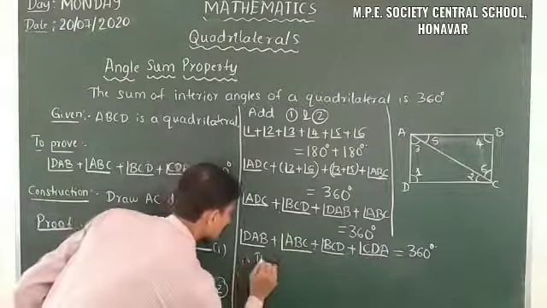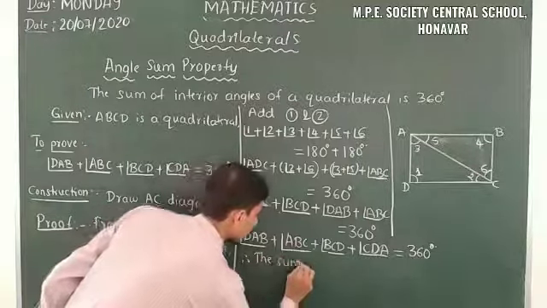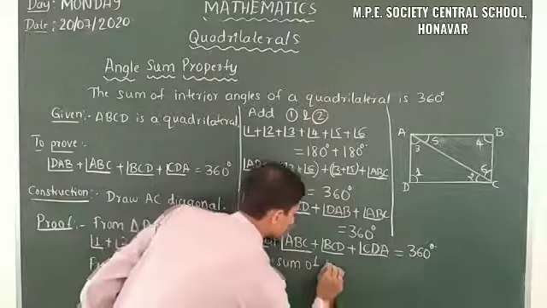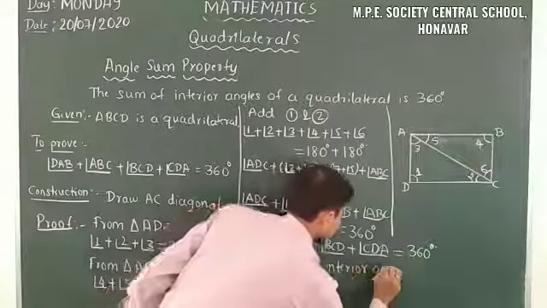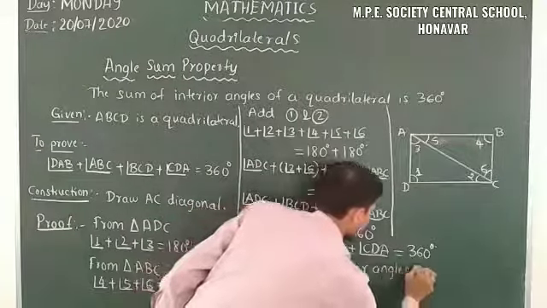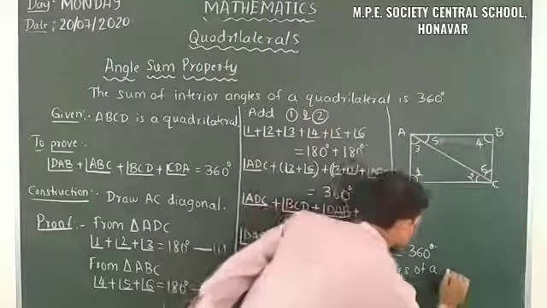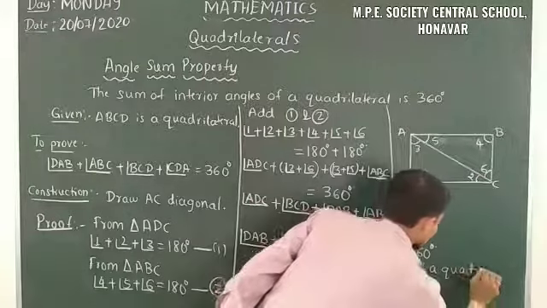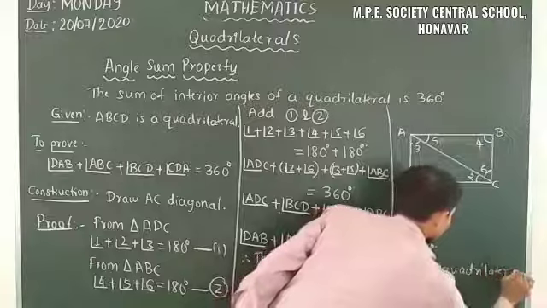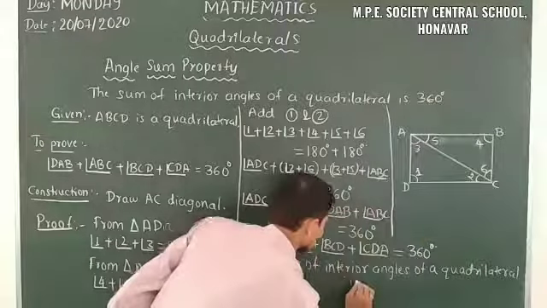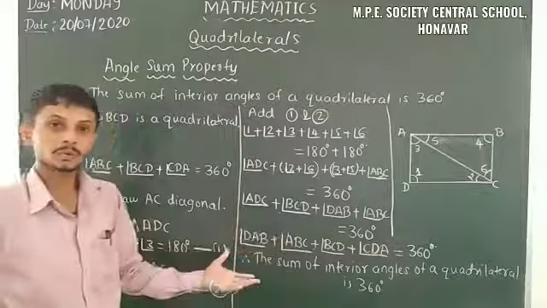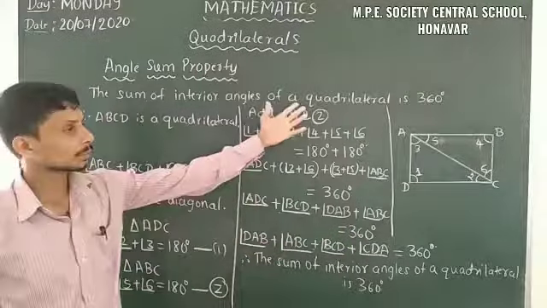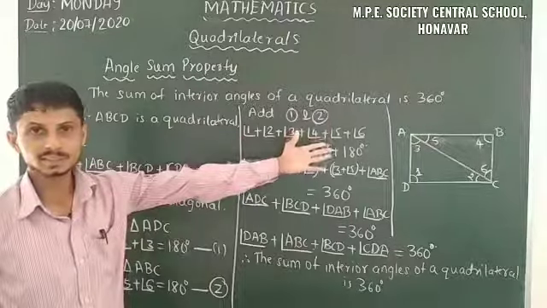Therefore, the sum of interior angles of a quadrilateral is 360 degrees.